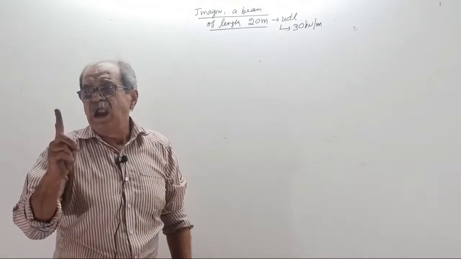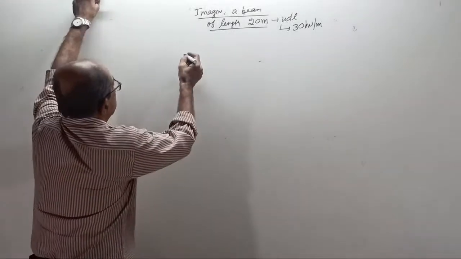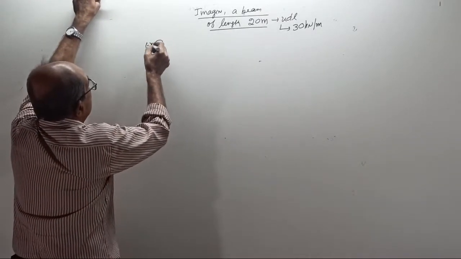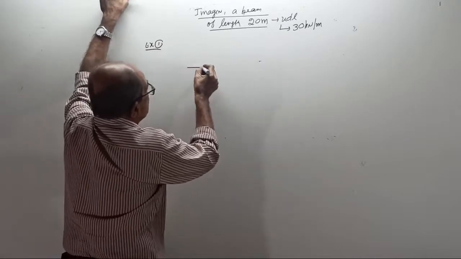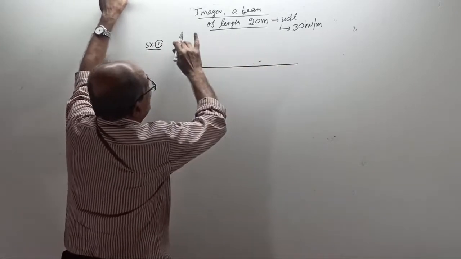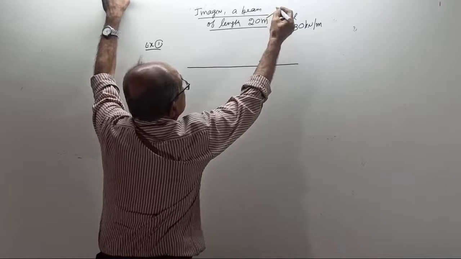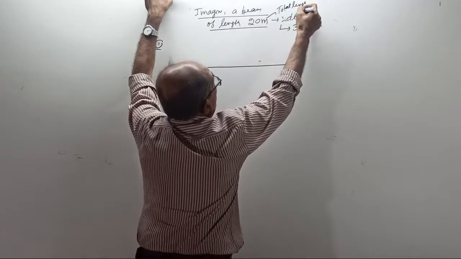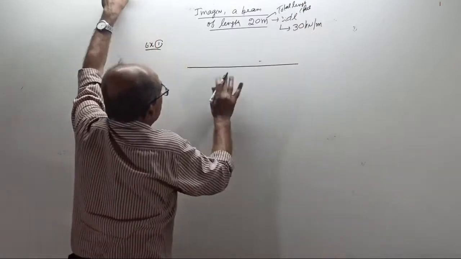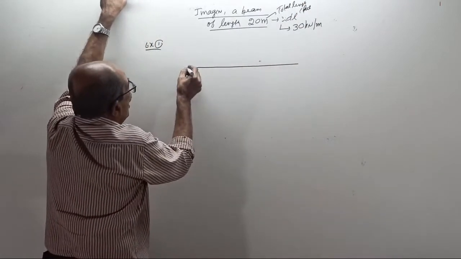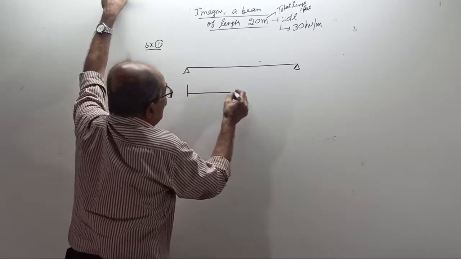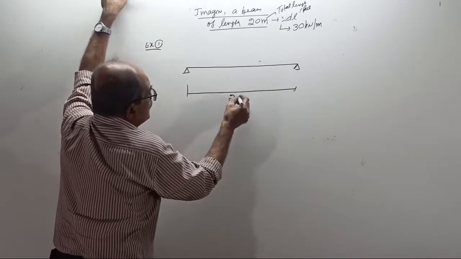Now start one by one. First, example number 1, you should write one by one. Just imagine that this 20 meter is the full length of the beam. You provide no overhang, provide 20 meter simply supported.